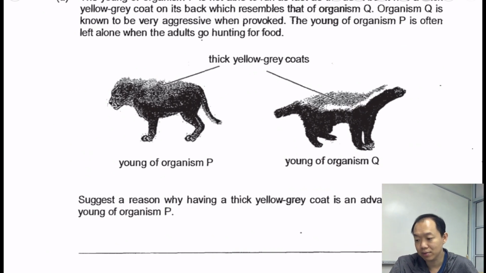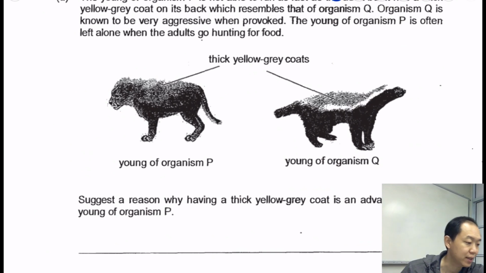Okay, next, suggest the reason why having a thick grey yellow coat is an advantage for the young P. Okay, young P cannot run so fast. So it has got this thick yellow grey coat that looks like Q. So what is so special about Q? Very aggressive when provoked. So when it looks like Q, what happens?